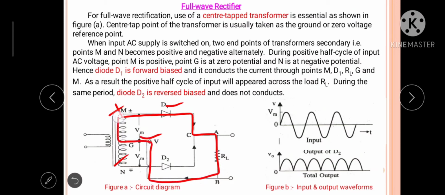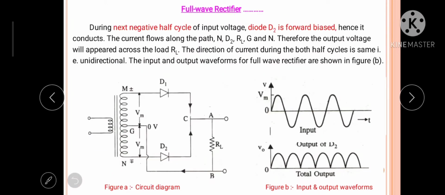The direction of current through load is from top to bottom. As a result, the positive half cycle of input voltage will appear across the load RL, whereas during the same period, diode D2 is in reverse bias and it will not conduct at all.